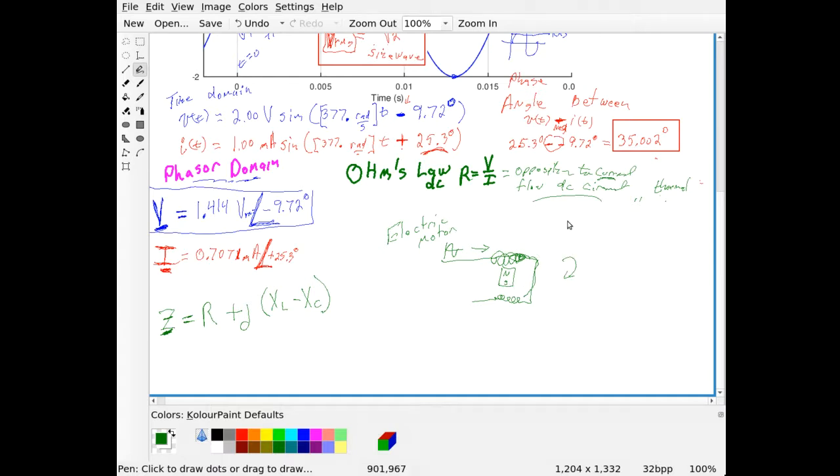So an electric motor takes that electrical energy and turns it into mechanical energy, specifically rotational energy.